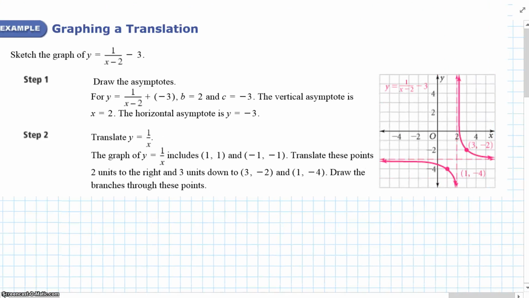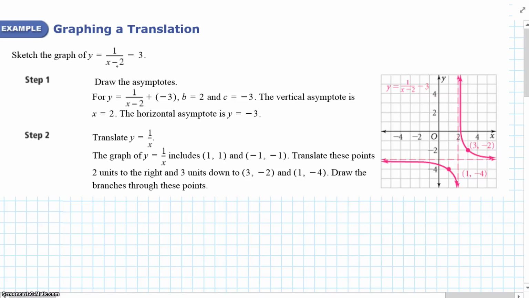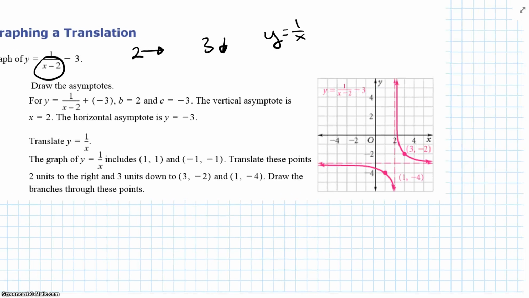So graph y equals 1 over x minus 2, minus 3. So this tells me we're going to move 2 units to the right because of that, and 3 units down from the parent function of y equals 1 over x. So we could graph y equals 1 over x if we wanted to.